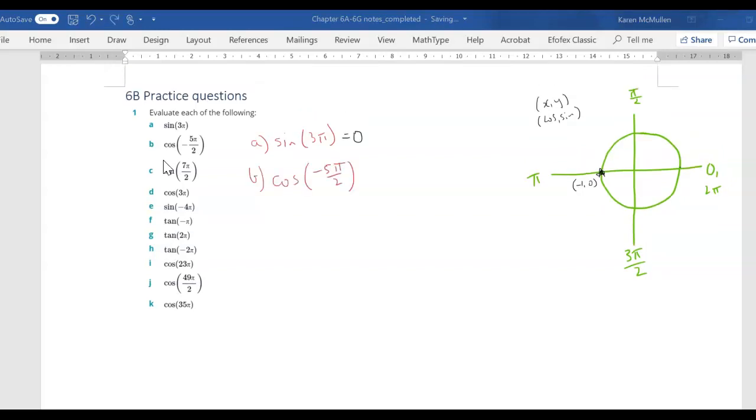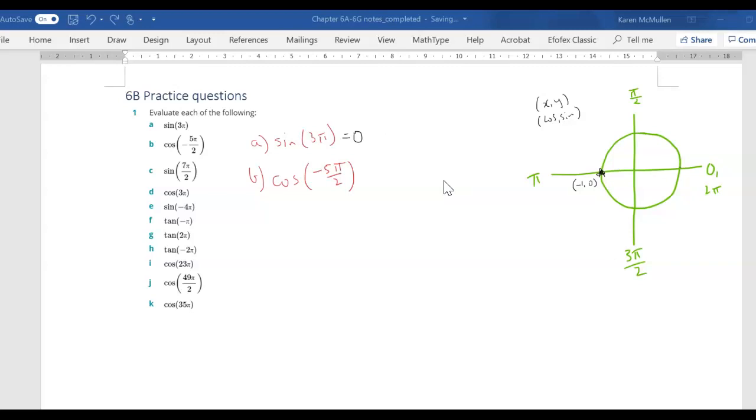All right, for question B, we've got cos -5 pi on 2. Don't worry about that negative just yet. So let's just focus on 5 pi on 2. So each 90 degrees is pi on 2. So this is effectively, we're going to be either at 3 pi on 2 or pi on 2. So let's go around the unit circle.